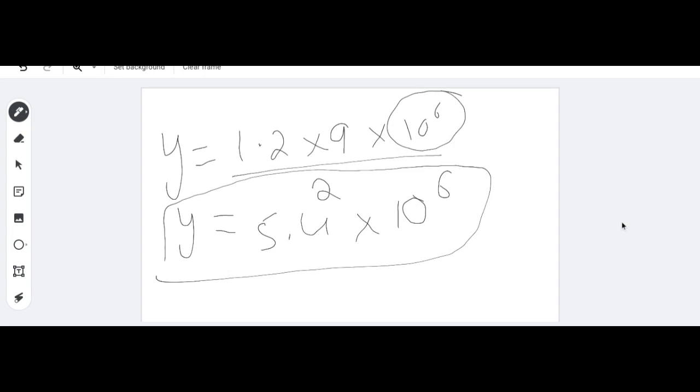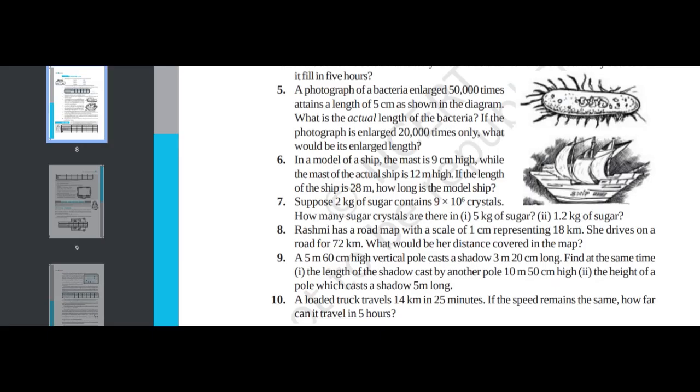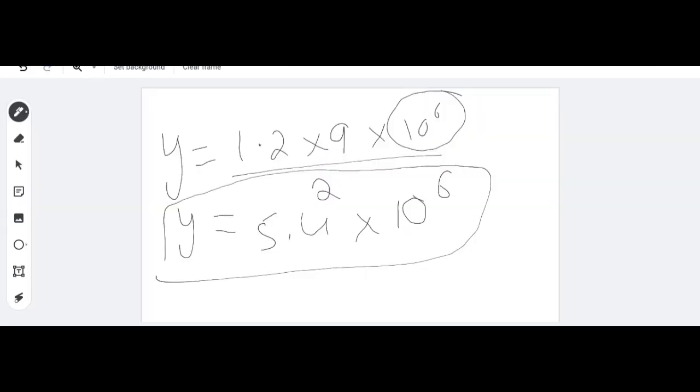Then y equals 5 into 9 into 10 power 6 divided by 2, equals 5 nines are 45, so 22.5 into 10 power 6. Very good. Correct answer. Well done.